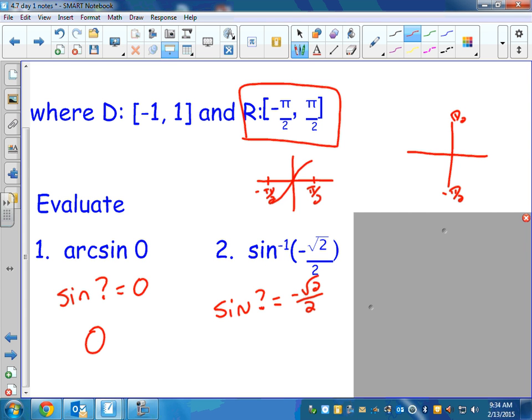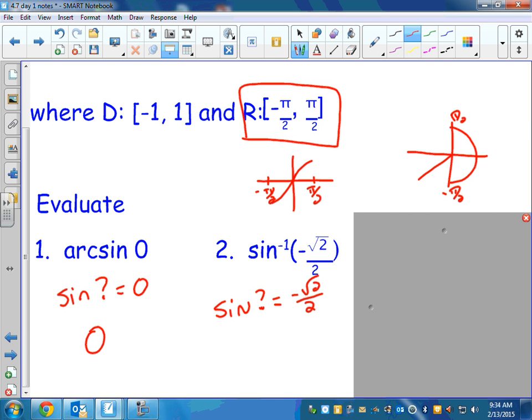Wait, are you looking for like a pi fourth or like a number? Angle. I don't want degrees, honey. Oh, it just says it's going to be an angle. Oh, you want it right? I want it in radians. 5 pi fourths would be over here, right? Which is also negative, but that's not in between negative pi halves and pi halves. Oh, we're going that way. I don't know what side it's in.